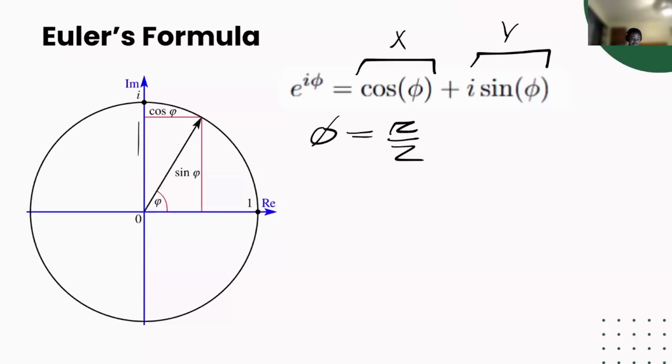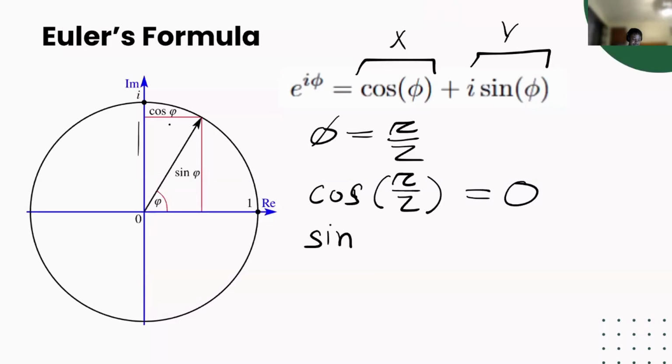When we solve this, we'll see that the cosine of pi over 2 is equal to 0, and the sine of pi over 2 is equal to 1. Since we have this on the vertical axis, we multiply by i. And so our point for phi equals pi over 2 ends up being exactly right here.